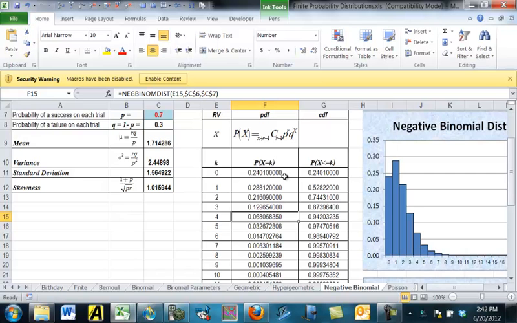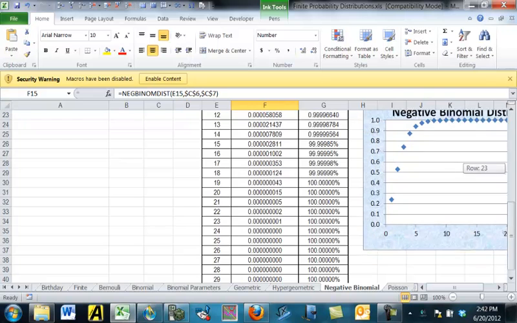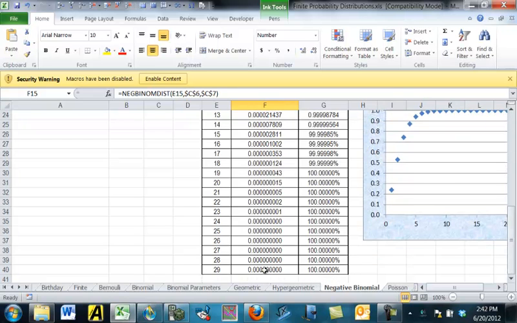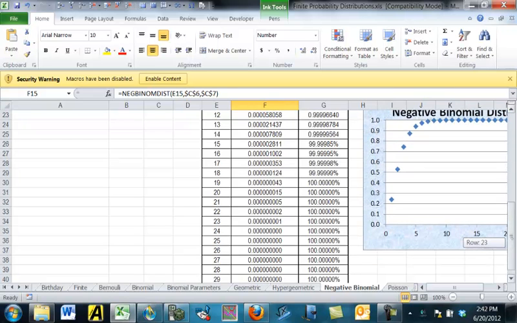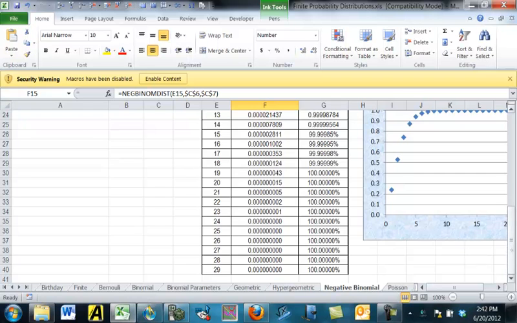So in any event, I have this worked out. Now this goes on forever, so my table only goes down through 29. Okay, but in theory the table goes on forever. But at some point we're so close to this that it's hard to tell the difference.